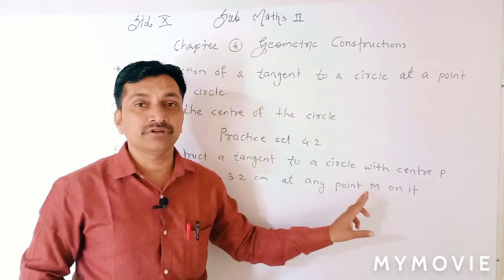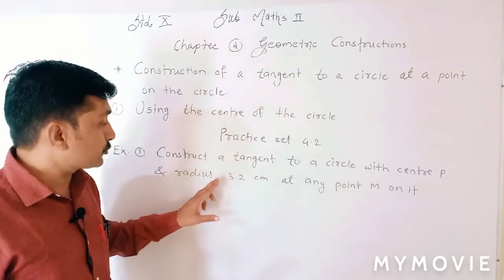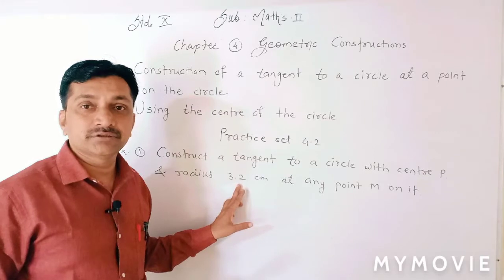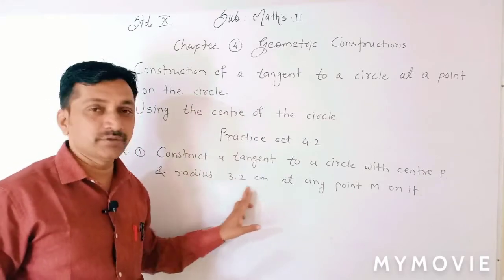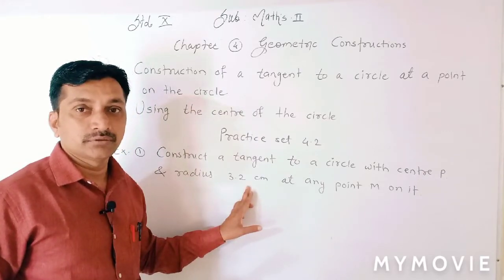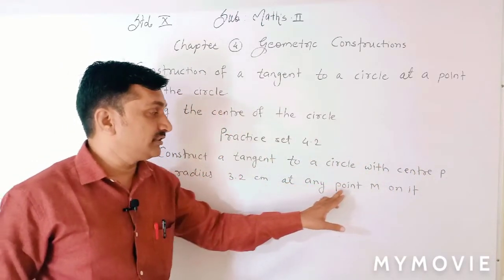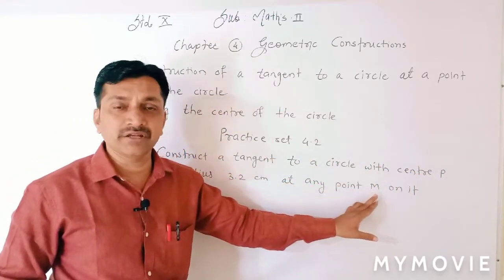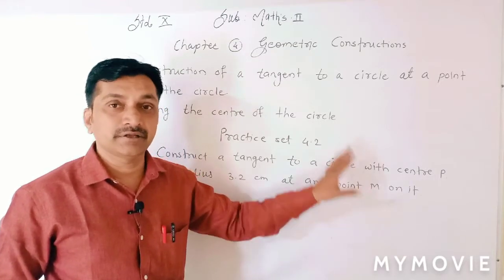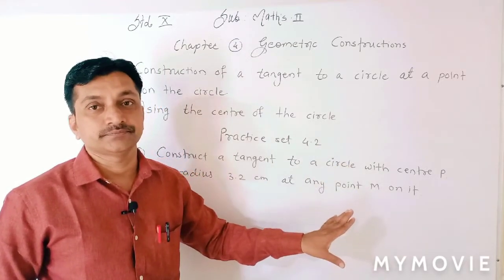Now what do we have to do? First we have to draw a circle with radius 3.2 centimeter. The center is P, and after that we take point M anywhere on the circle, and then construct the tangent.